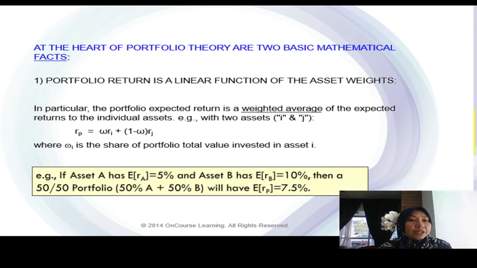For example, if asset A has an expected rate of return of 5%, and asset B has an expected rate of return of 10%, then a 50-50 portfolio of A and B, equal to 50% A plus 50% B, will have an expected return of 7.5%.